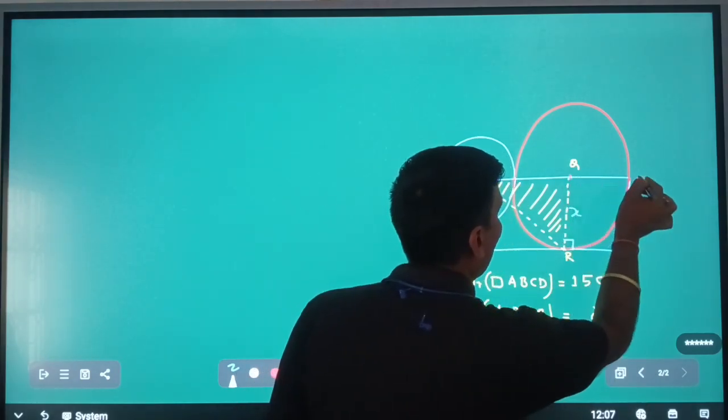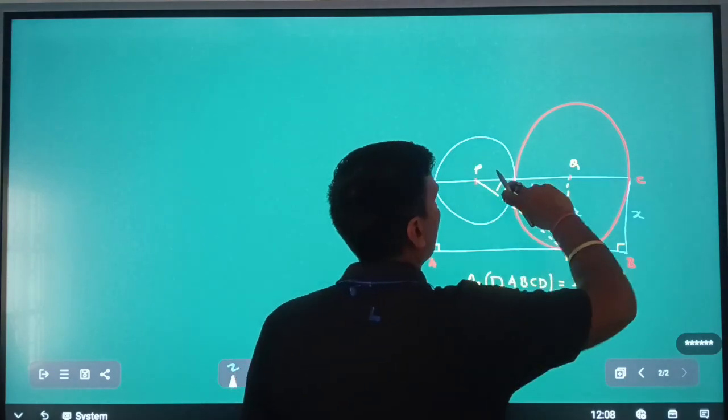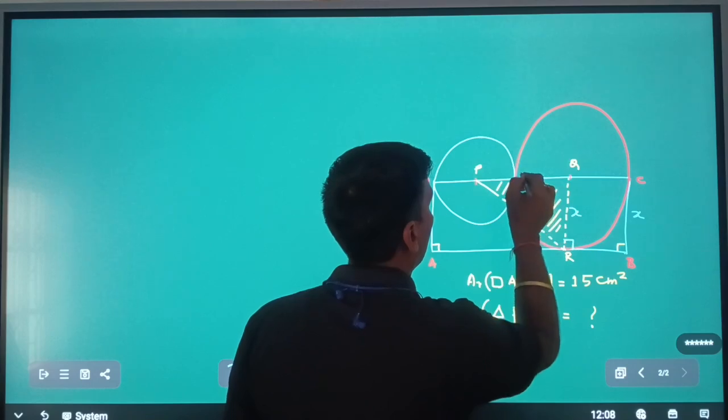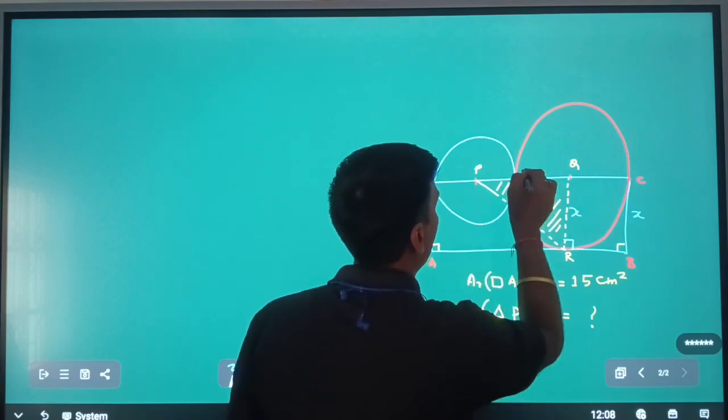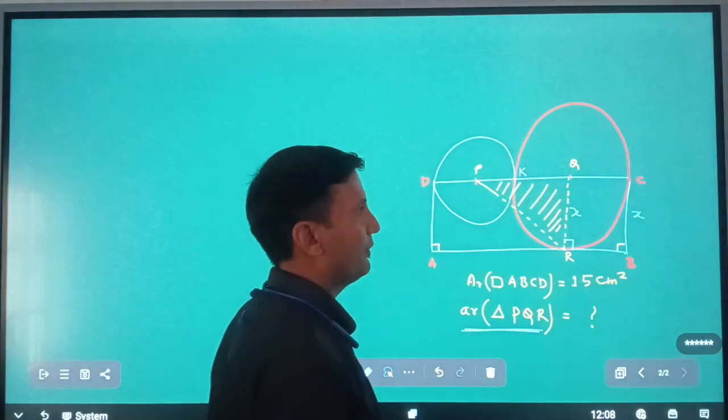And QC is also going to be the radius of the circle, because this one is the diameter. Suppose I put another name here, K. So KC is going to be the diameter of the circle.